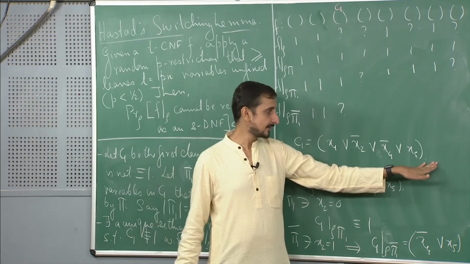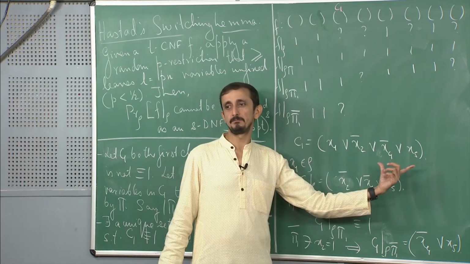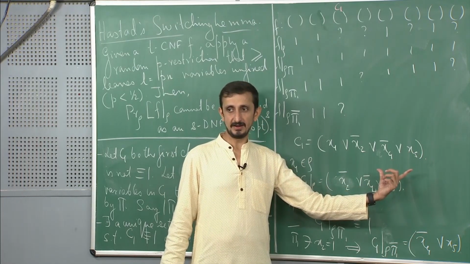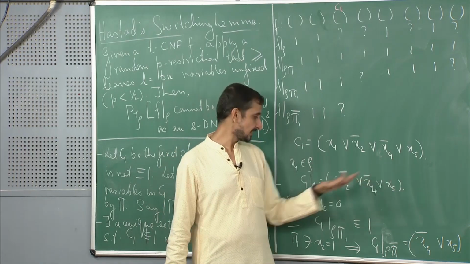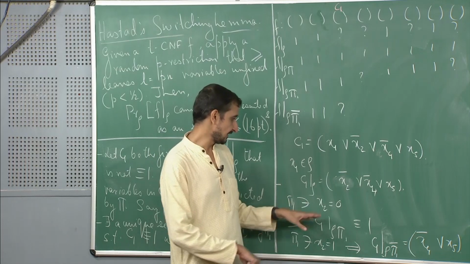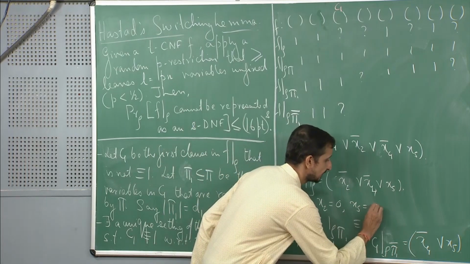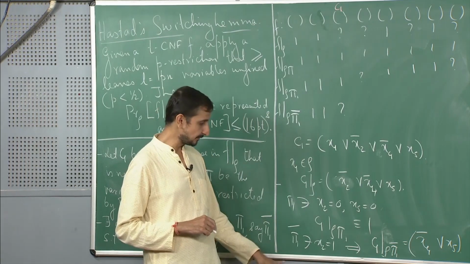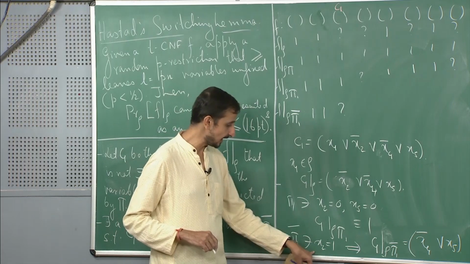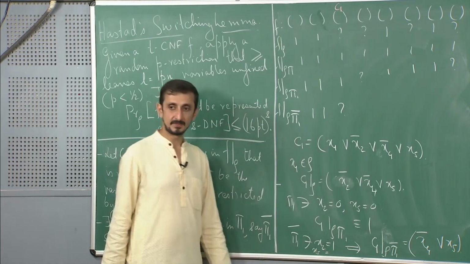See, setting x5 to 0 is not helping this clause become 1, it is x2 equal to 0 which is making this 1. Now, what is pi 1 bar now? In pi 1 bar, I have to give a setting to x2 and I have to give a setting to x5.